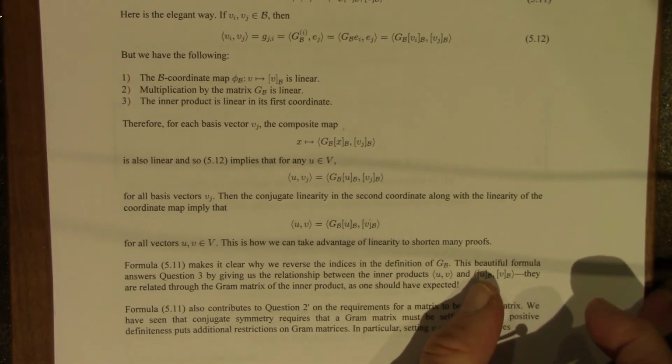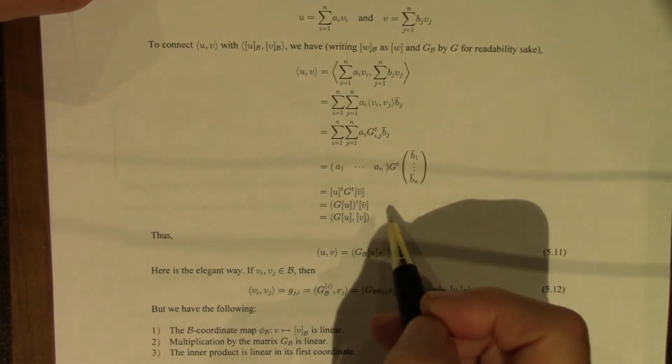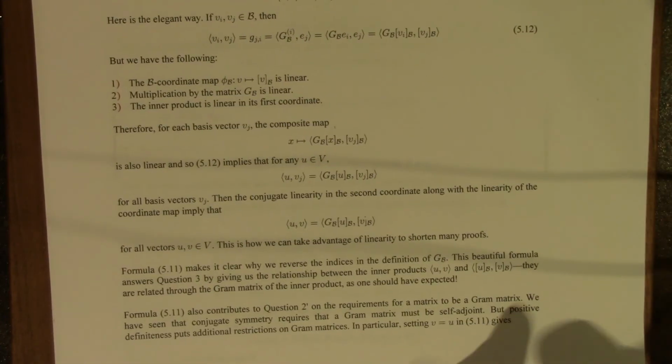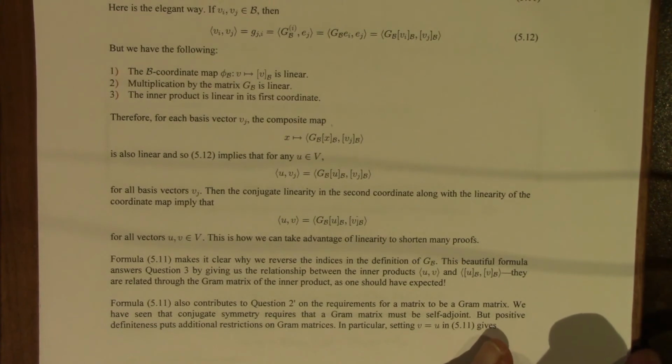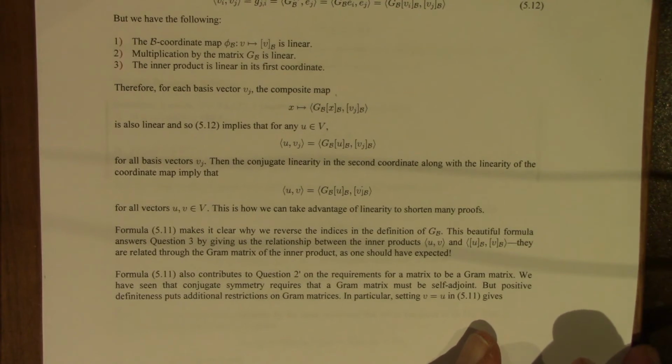So I would recommend that you go through this proof again, try to duplicate it yourself, and think about this argument. This is a typical linearity argument, and it can save a lot of computation, and it can shorten proofs, but it takes a little while to become comfortable with it.